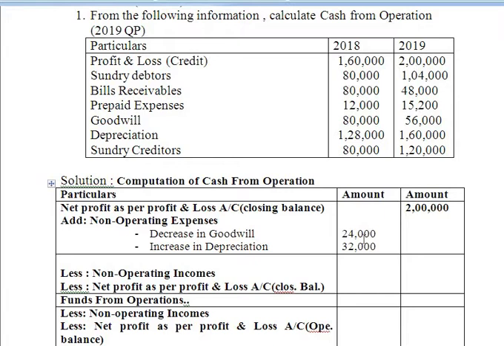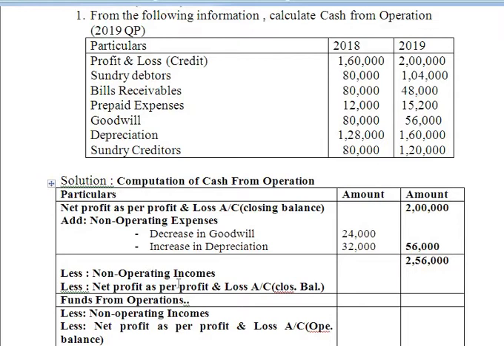Now make the total and take it in the outer column. 24,000 plus 32,000 is equal to 56,000. So add this 56,000 in net profit, so it will be 2,56,000.